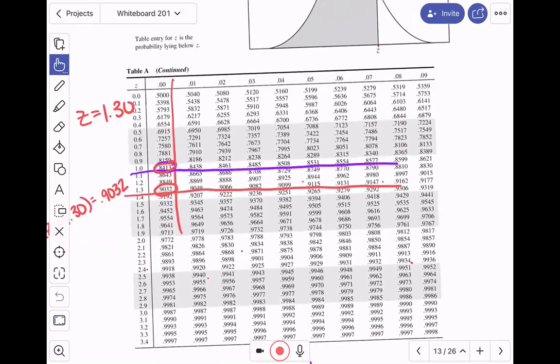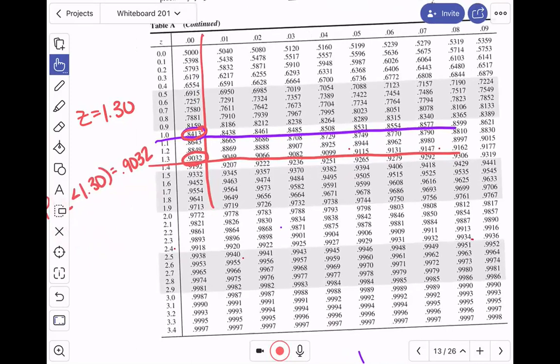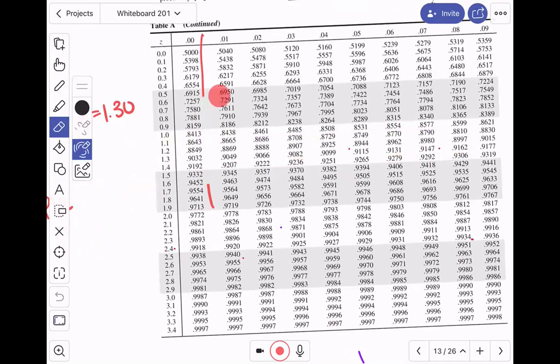This is what we call an inverse. We're going backwards. So I go on my chart and I'm looking for 90%. 90% is located somewhere in between these two values right here. Do y'all see that?